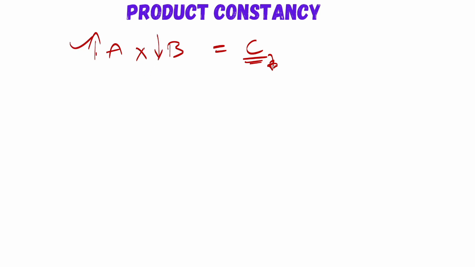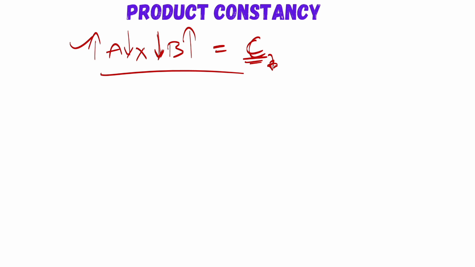If A is increased, B must be decreased to keep the product constant. In the same way, if A is decreased, B must be increased. But by what percent, what fraction must it be decreased? That is what is known as product constancy.